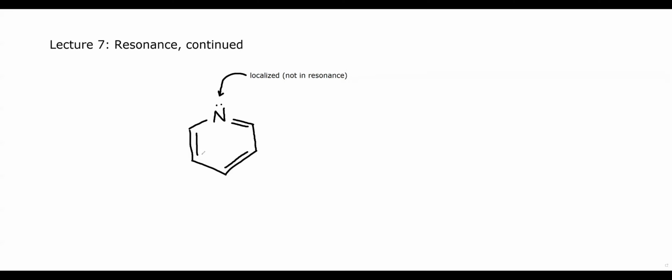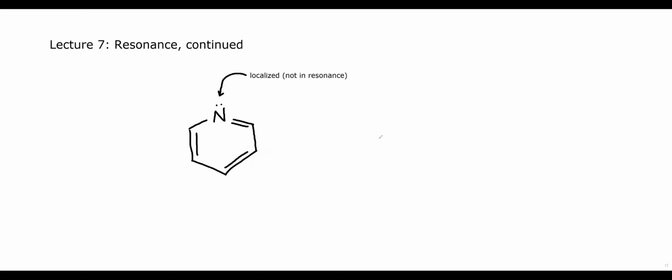We have a double bond over here on the left, and we could draw a resonance structure like this, right? Where we take that pi bond and we put it right here to make a negative charge. Those arrows look good, but in fact, they're not. And we need to remember the reason for this is that resonance is dealing with the p orbitals, right? We're dealing with the electrons in the p orbitals.